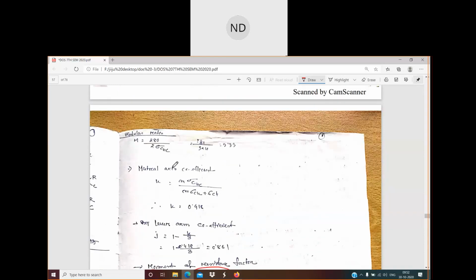To calculate this neutral axis coefficient, the formula is k equal to m sigma cbc by m sigma cbc plus sigma st. For that we need m, the modular ratio.